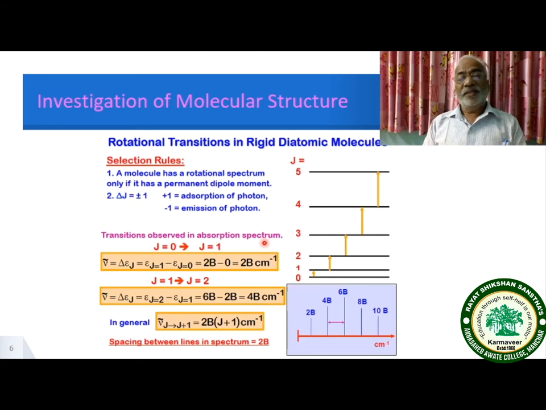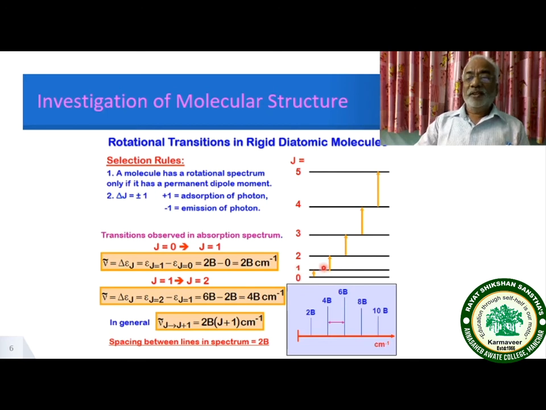Now, let us consider how the molecular population is distributed. The basic understanding is that if we consider a sample of molecules, all the molecules are supposed to be present in the lower energy state. And when microwave radiation is allowed to interact with such a sample of molecules, then the molecules which possess a permanent dipole moment get excited from 0 to 1.